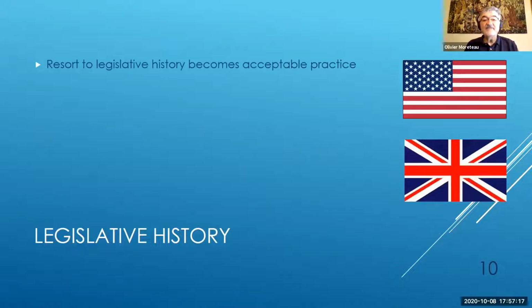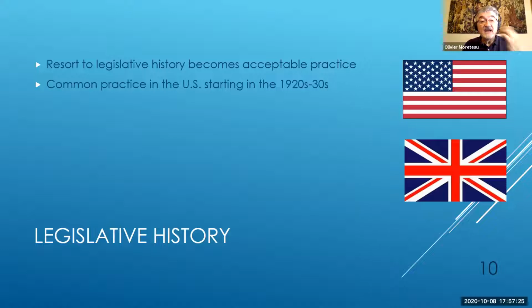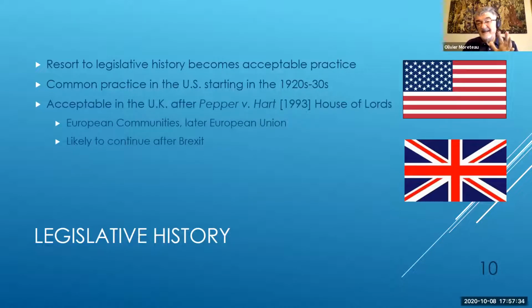To make sense of it, resort to legislative history has become an acceptable practice. This started in the United States in the 1920s, 1930s. England resisted it till the 1990s.